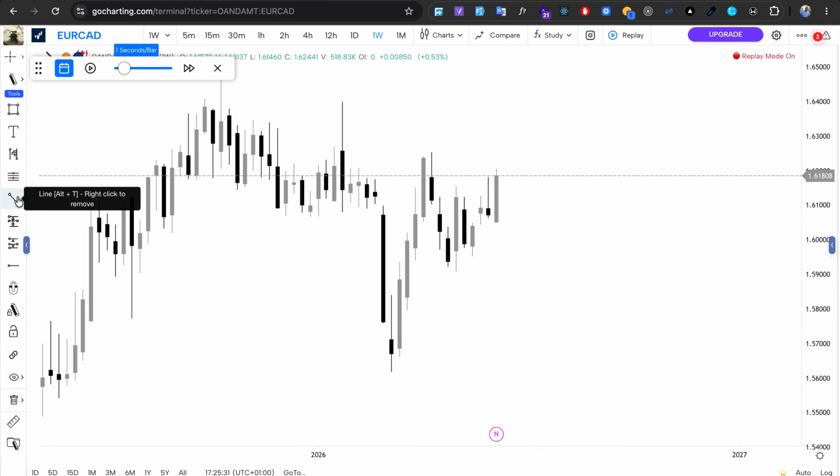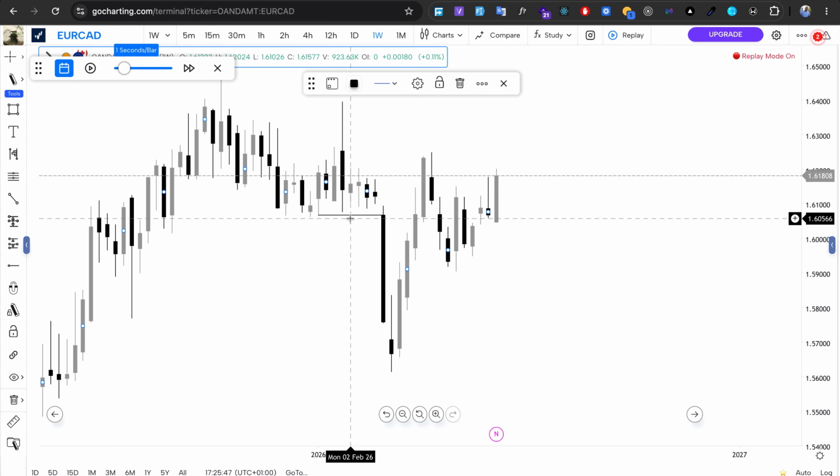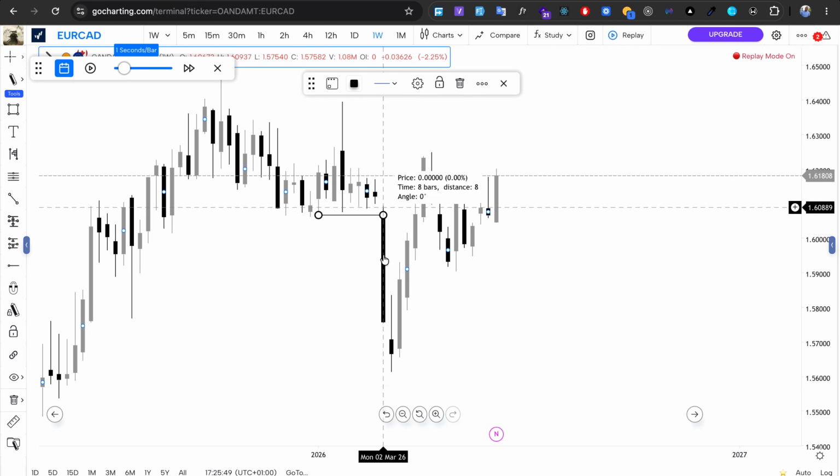So let's just go through the whole thing together so that we'll see what we can do better, and I will still show you where my entry was. You understand? So this from here is like a change in delivery, and you can see this is a very good displacement.